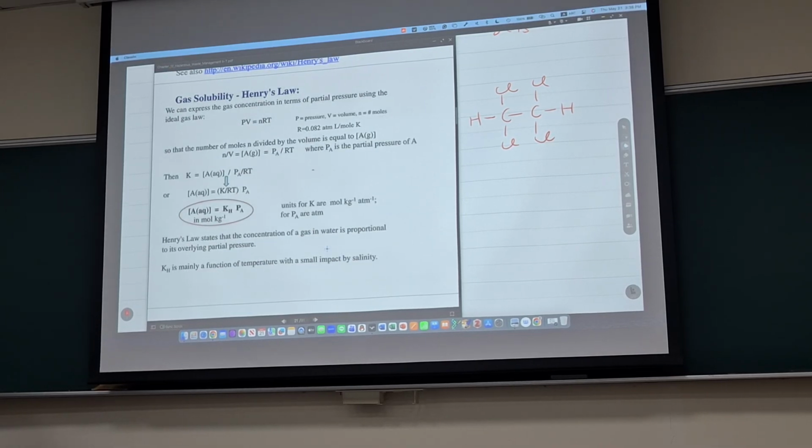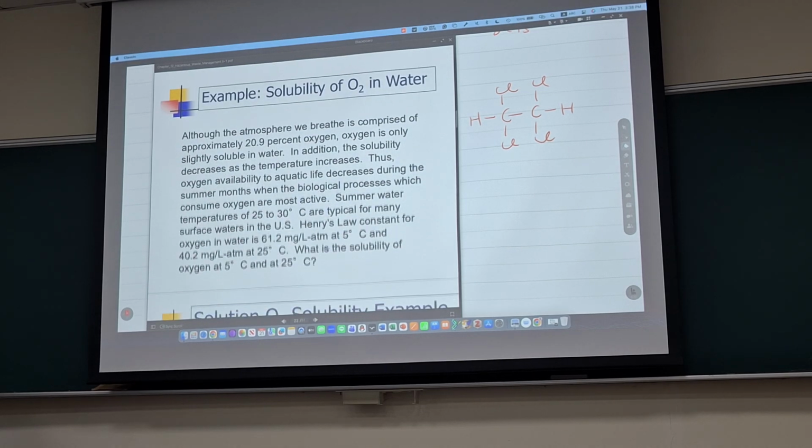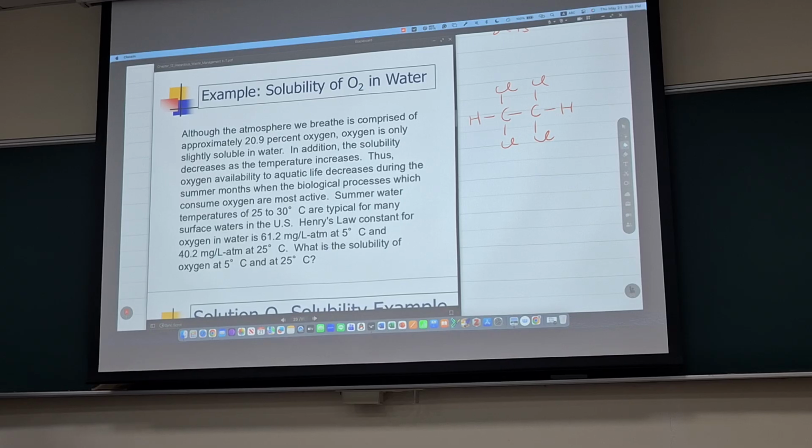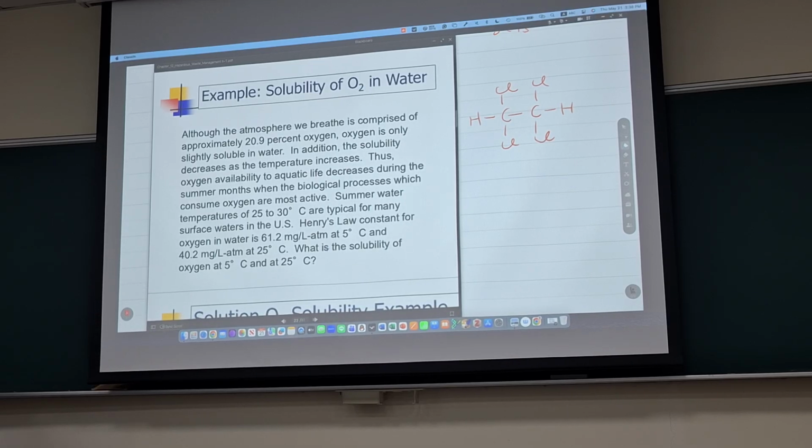This slide shows the relation between the ideal gas law and Henry's law. Let's see this example: the solubility of oxygen in water. Air contains about 20.9% oxygen, so P_O2 is about 0.209 atm.